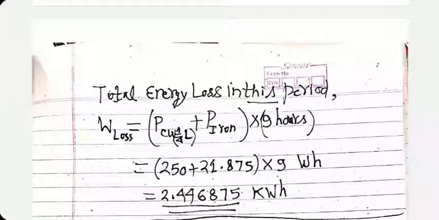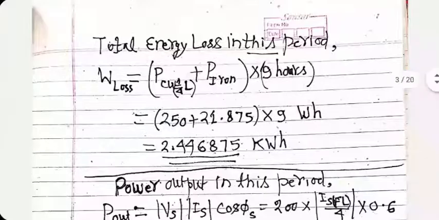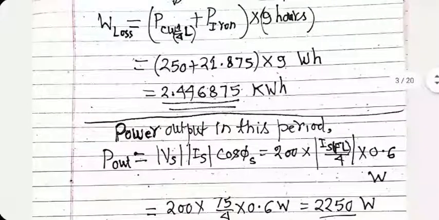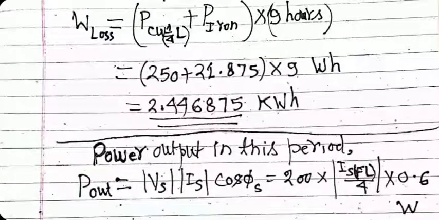Now, how about the energy output in this period? First, you need to calculate the power output and then multiply it by 9 hours. Power output is magnitude of Vs multiplied by magnitude of Is multiplied by the power factor. We would assume that the voltages in primary and secondary are the same throughout the 24-hour period.